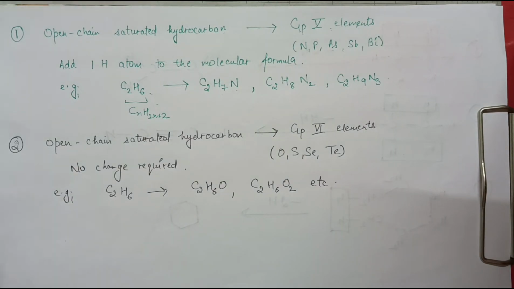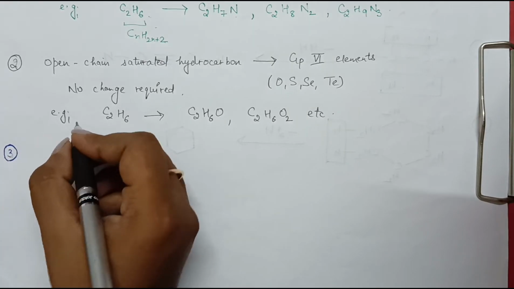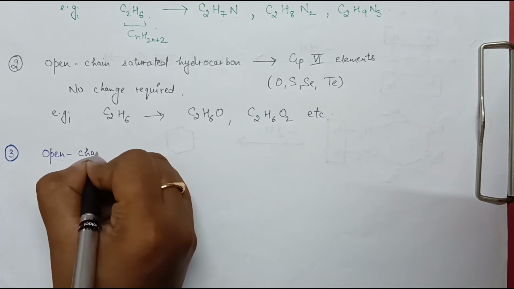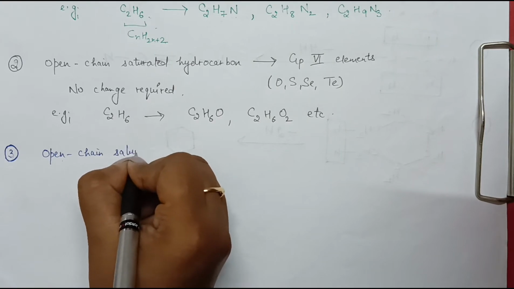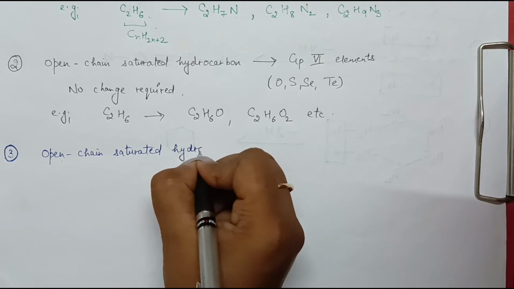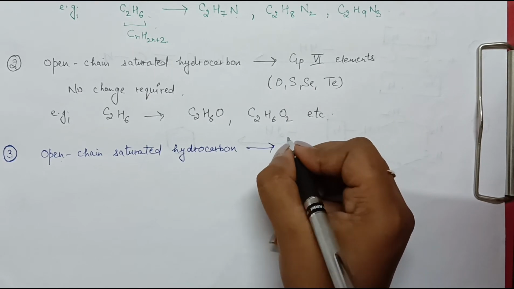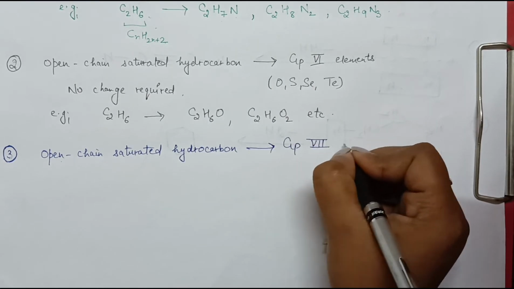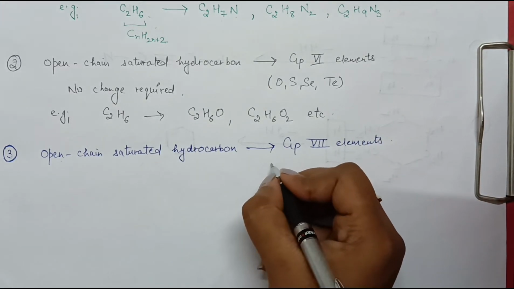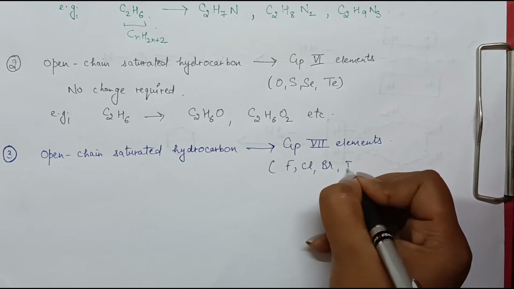Now moving on to rule number 3. Again, if we have some open chain saturated hydrocarbon and we want to add a group 7 element, group 7 elements are fluorine, chlorine, bromine, iodine.